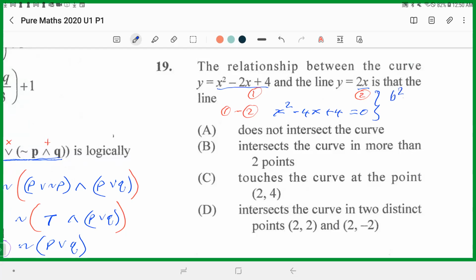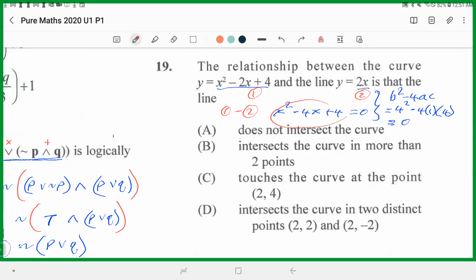So we're calculating for this equation now. b squared minus 4ac. What is that equal to? It is equal to 4 squared minus 4 times 1 times 4, which is equal to 0. So b squared minus 4ac is equal to 0, which means that we have equal roots.